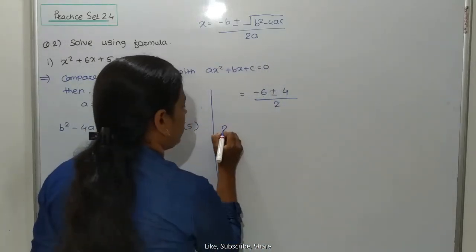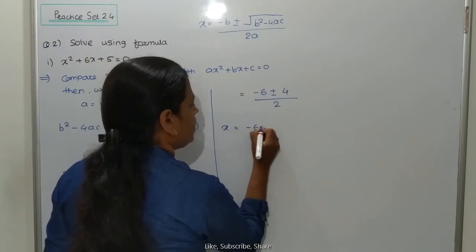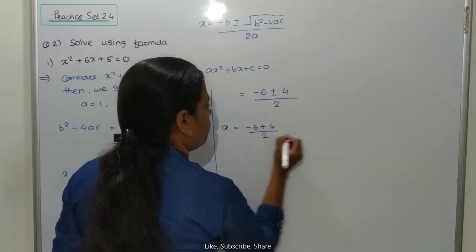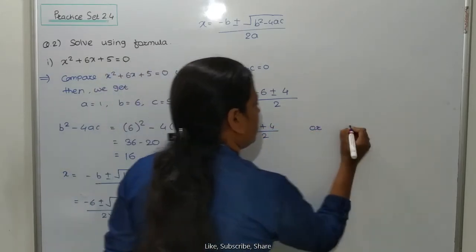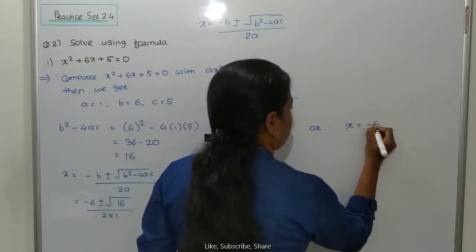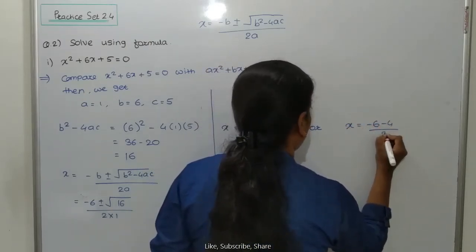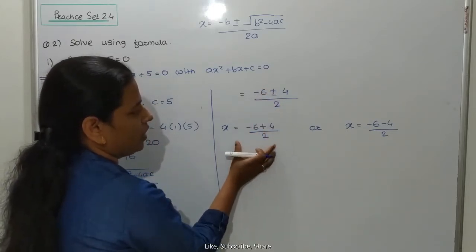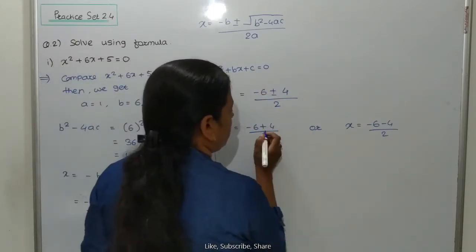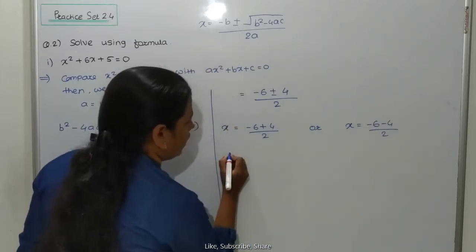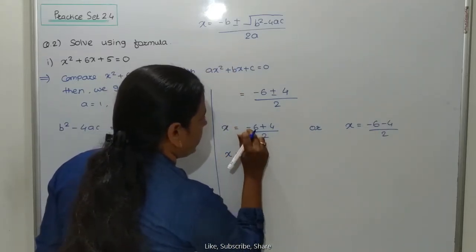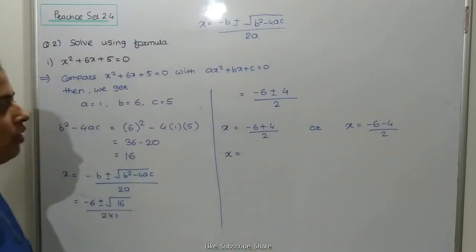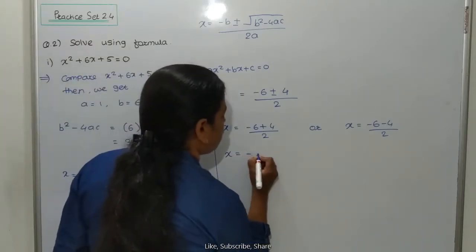Okay. Now next, when we talk about the x, first of all consider x is equal to minus 6 plus 4 upon 2 or x is equal to minus 6 minus 4 upon 2. Why? Because here plus and minus sign is there. So we have to take the first plus and then minus. Okay. Then calculate here. X is equal to minus 6 plus 4. Then what is your remainder? That is 2.